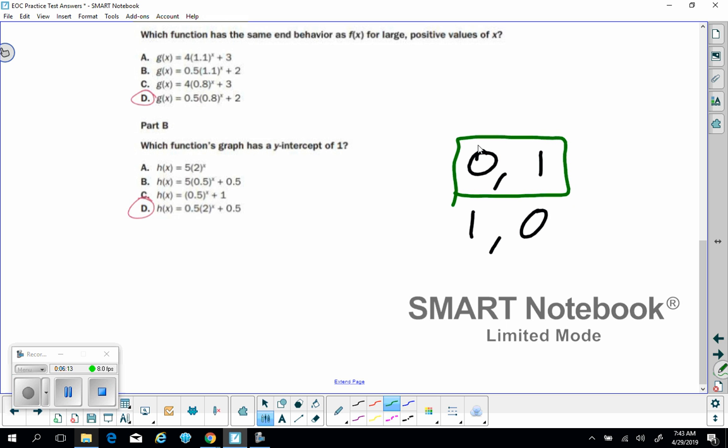So when you type in these, you're looking for one that has x 0 and y 1. Any questions about that? So once you type that in, you're looking for one with y the same thing. You do the same thing and try to find the table picture.